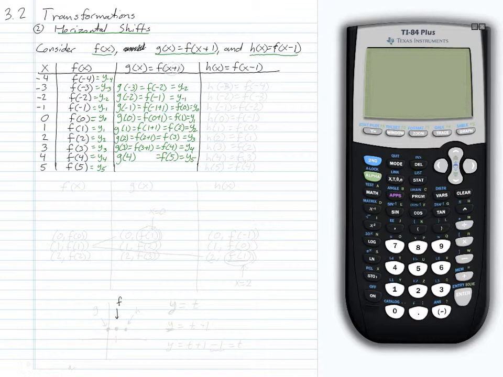Now if we look at the function h of x and do the same type of process, h of x subtracts 1 from the x value before the function f gets a chance to act on it. So h of 0 would actually be equivalent to f of -1. And h of 1 would be equivalent to f of 0. h of 2 would be equivalent to f of 1, and so on.